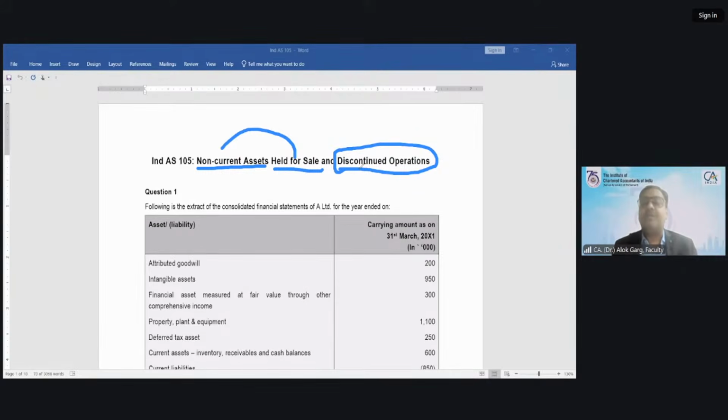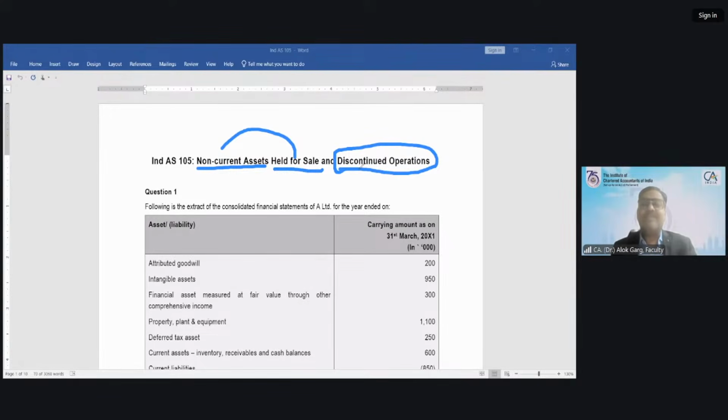Discontinued operations means the operations which are discontinued by a company. For example, a company is manufacturing a particular product in its factory located in Delhi, and there are two factories located in Delhi. The company has disposed of one of the factories, and in the second factory the production of that product is going on.